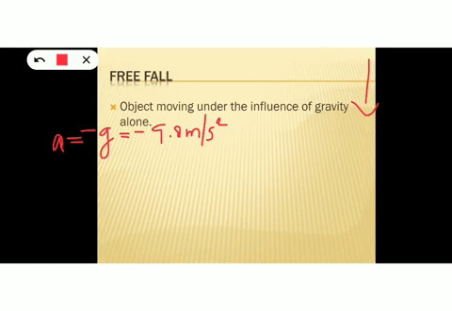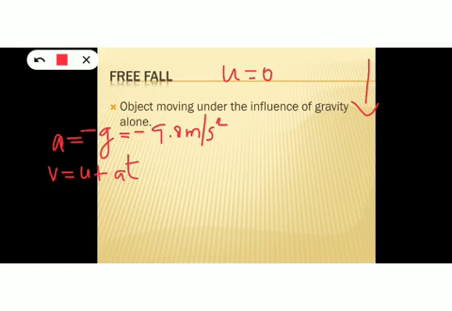Now, what is the first equation of motion? It is v is equal to u plus at. So for a free fall, how can you modify this first equation of motion? See, for the free fall, initial velocity u will be 0, because initially the object is at rest. Whenever you drop a stone, the stone is at rest initially. So initial velocity will always be 0.